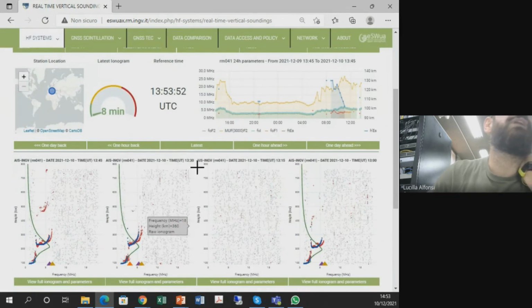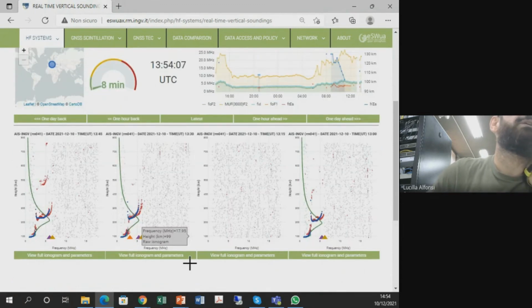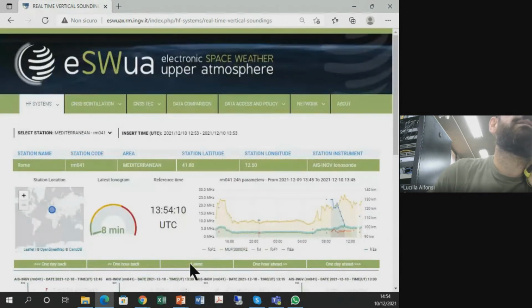And here you have the last ionogram recorded by the Rome ionosonde, with the reconstructed ordinary and extraordinary traces and the electron density profile retrieved from the ionogram. And you can, again, get the data or the images, or do whatever.